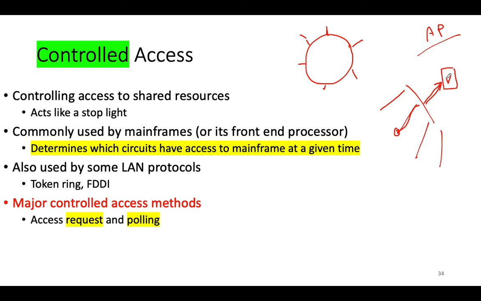The central unit will poll your data. You will not be able to send the data yourself. You send a request, a special type of frame, to the central unit to tell it that you have data to send. That central unit will poll your data, but you will not be able to send it yourself.